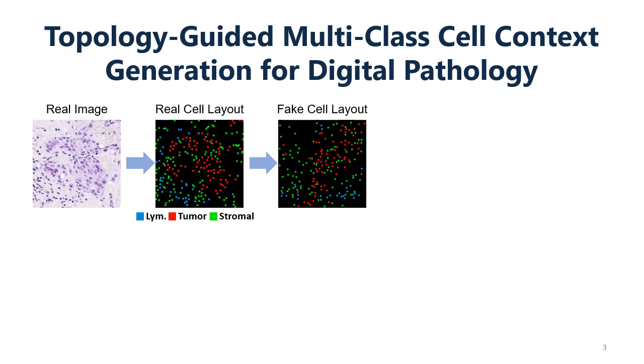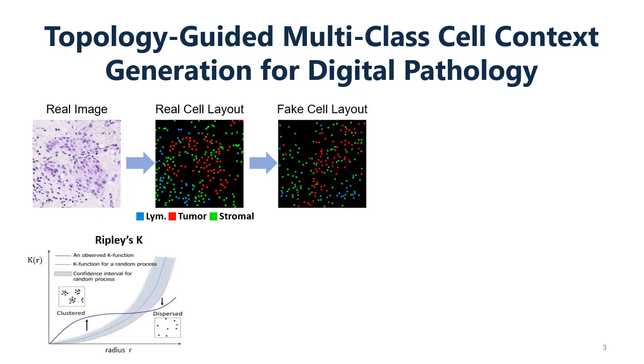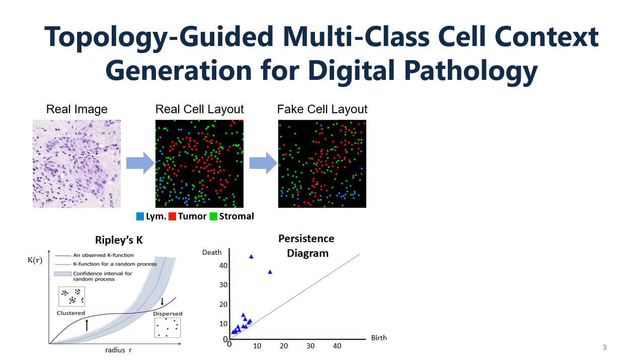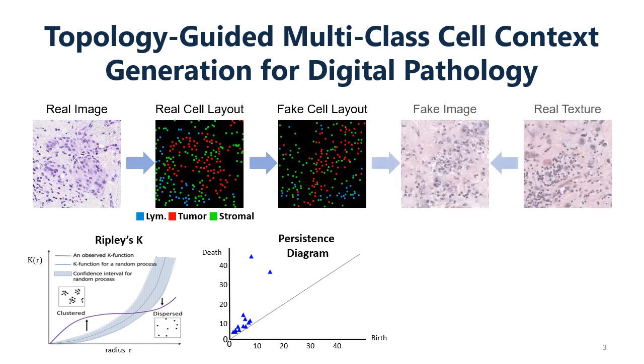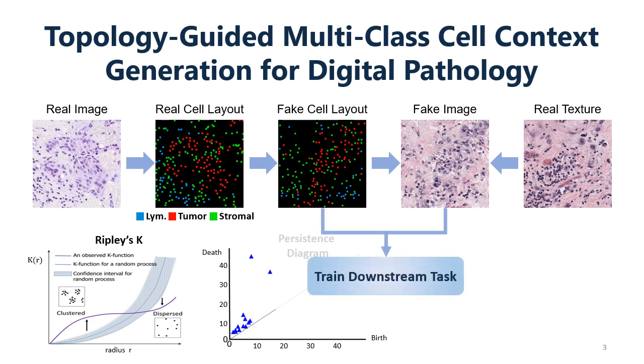We achieve this by training a generative model to create multi-class point sets of cells, such that their spatial distribution satisfies the spatial and topological characteristics of reference real data. With our method, we generate realistic labeled cell layouts, which can be transformed into pathology images conditioned on reference textures. The generated data can augment training for improving performance on downstream tasks.